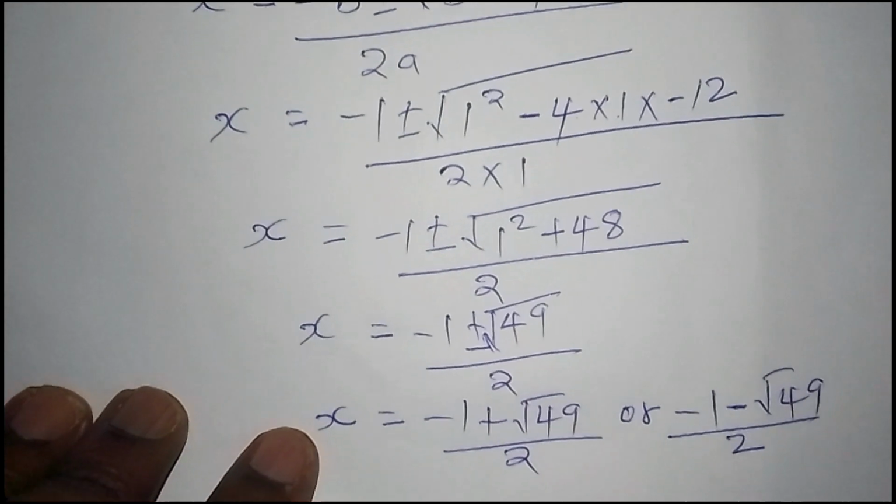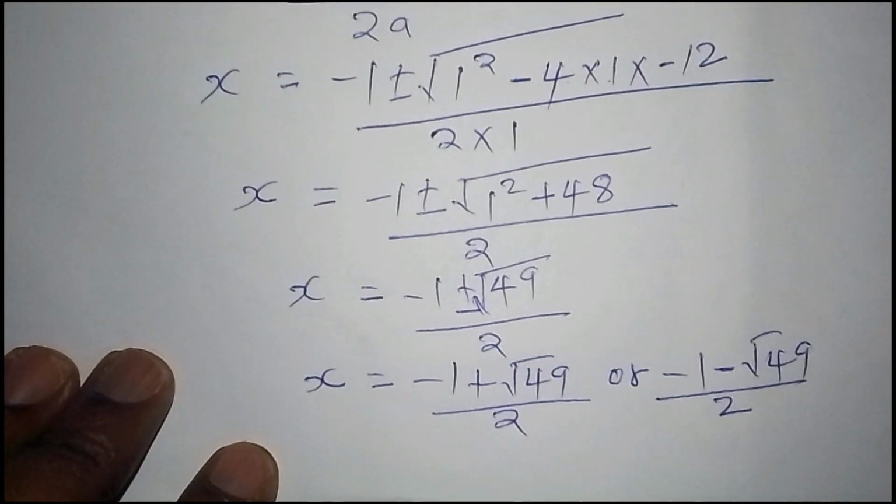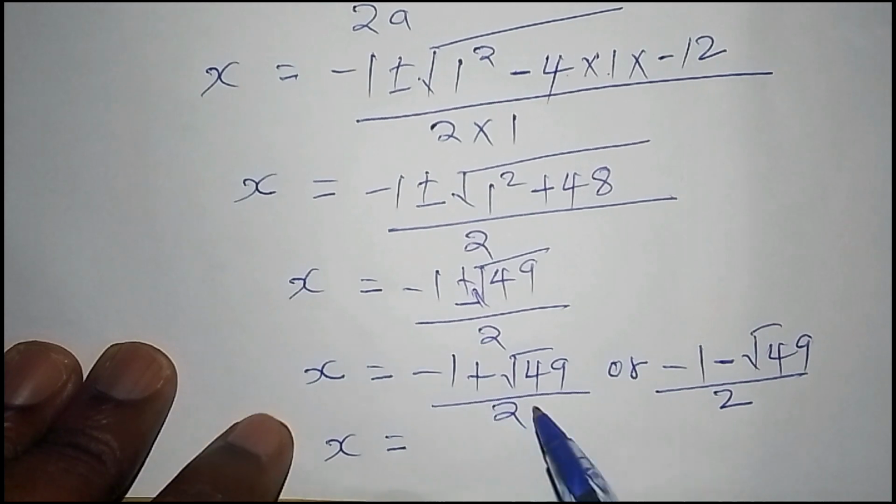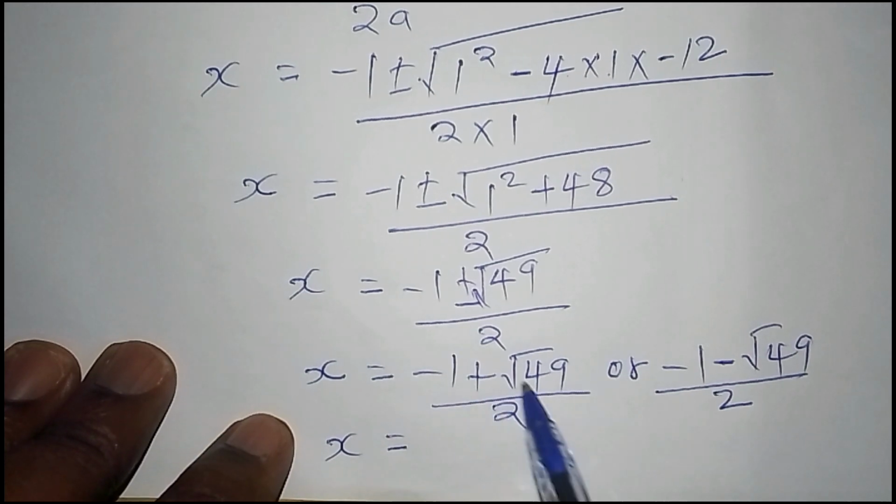So finally, when you work out minus 1 plus the square root of 49, the square root of 49 automatically becomes 7. So minus 1 plus 7 over 2.